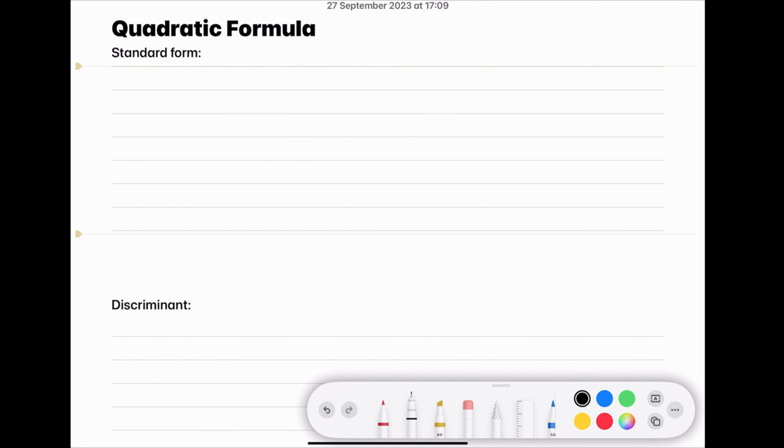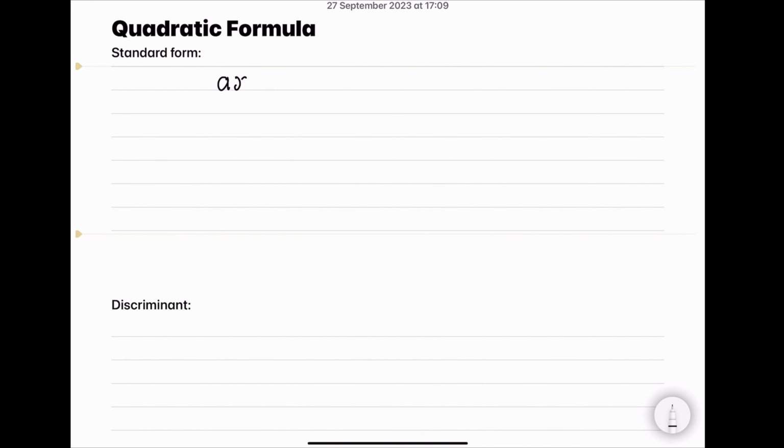In this video, we're going to look at the quadratic formula and how to use it to get your values for x. So if you remember from the original quadratic equation, it is in the standard form ax squared plus bx plus c equals 0.